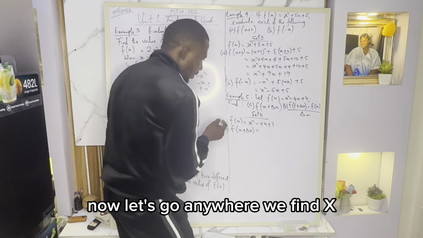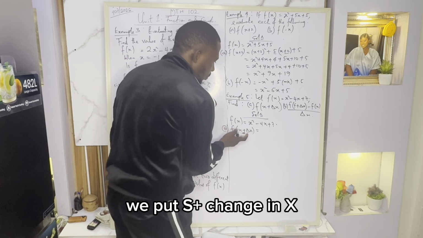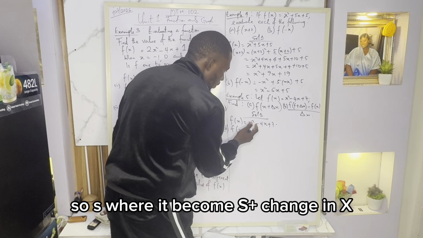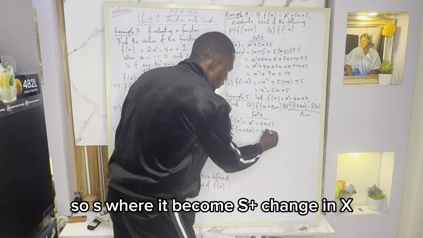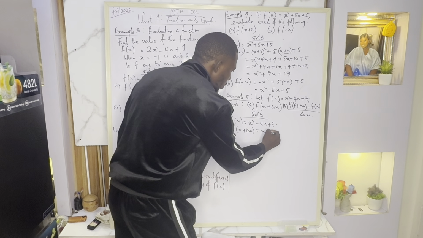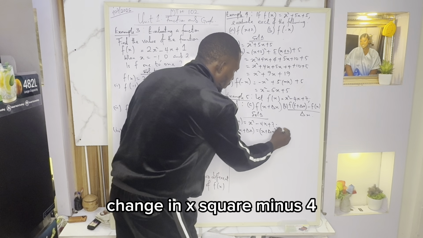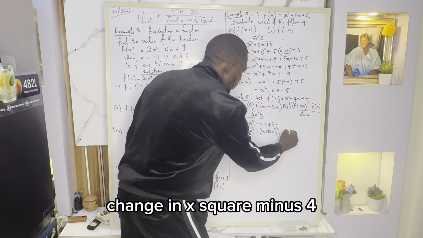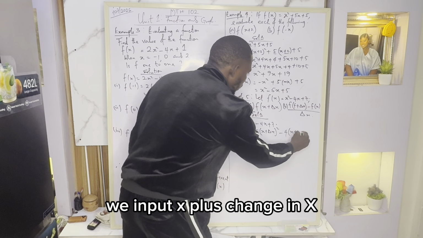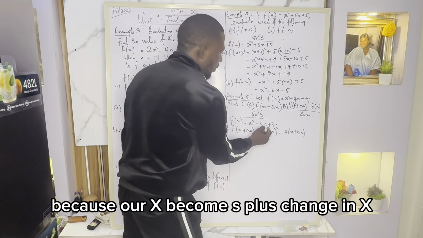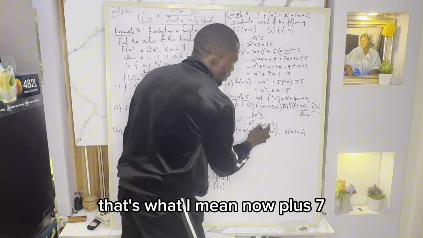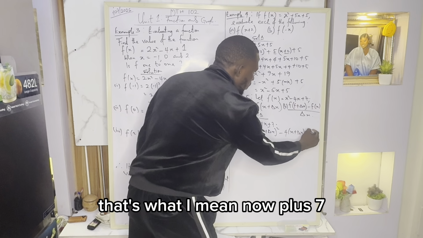Anywhere we find x, we put x plus change in x. So x squared becomes x plus change in x, squared, minus 4 times x plus change in x, plus 7.